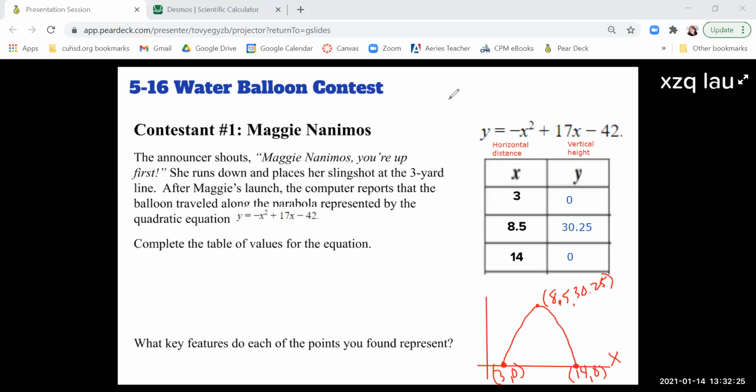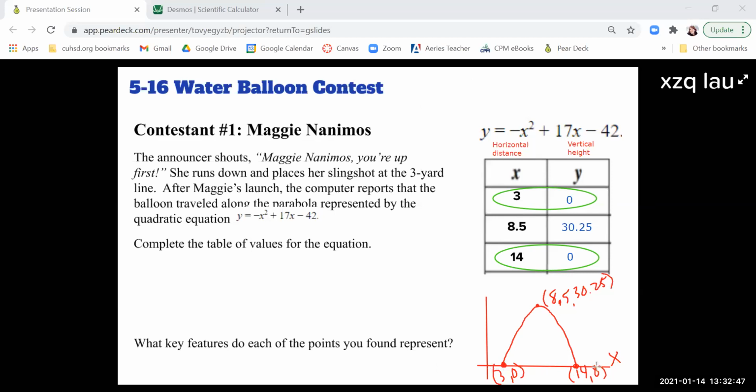So now if we think about it visually, the 3, 0 point, this point represents an x-intercept, and this point also represents an x-intercept, because that's where the height will be on the ground.